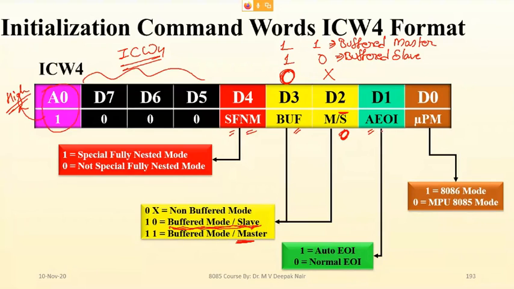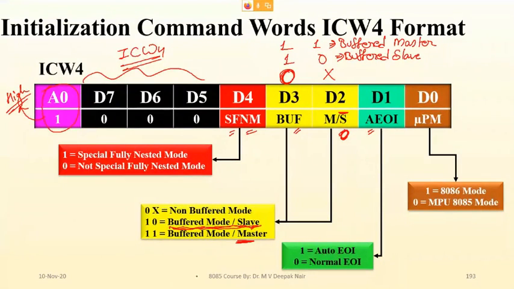That means when any interrupt is being served by the 8085 and the service is completed, then the 8085 has to inform the 8259 that it has completed the interrupt related task. What is the procedure to inform that the interrupt has ended?